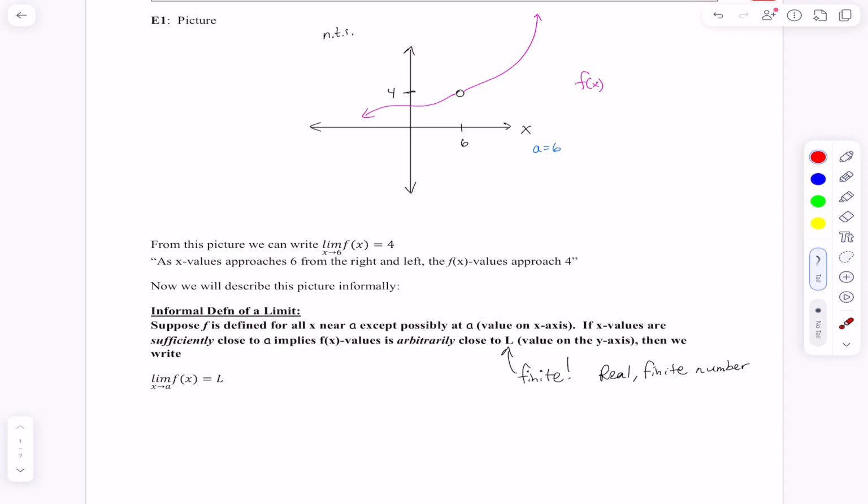So when you're writing limit notation, keep in mind that this is along a straight line, but the x approaches a has a subscript. Remember, L here is defined to be a finite number. Finite, meaning it's real and it's tangible. You can actually grab it. We'll learn about non-finite numbers very, very soon.